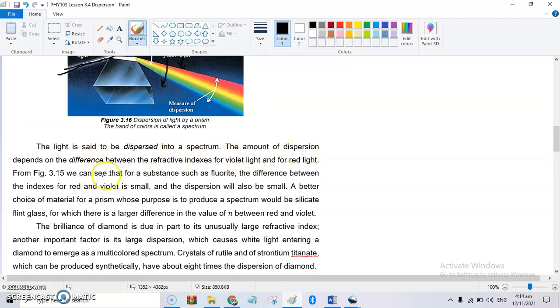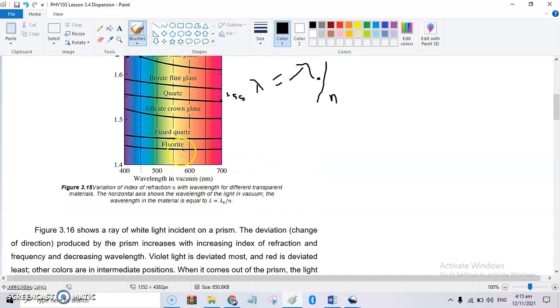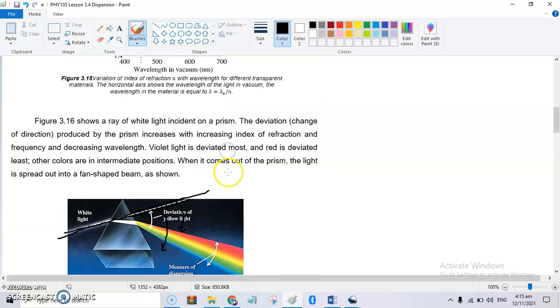The amount of dispersion depends on the difference between the refractive indexes for violet light and for red light. And from figure 3.15, we can see that for a substance such as fluorite, the difference between the indexes of red and violet is small. What is fluorite? Fluorite. Meaning, the difference between violet and red is small, because it is only here and only here.